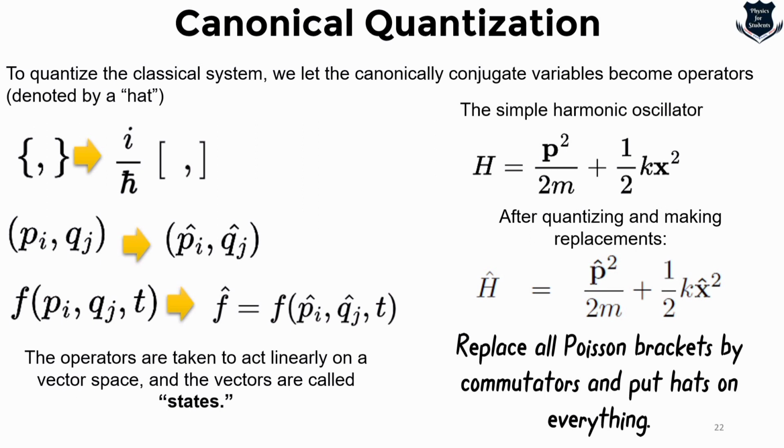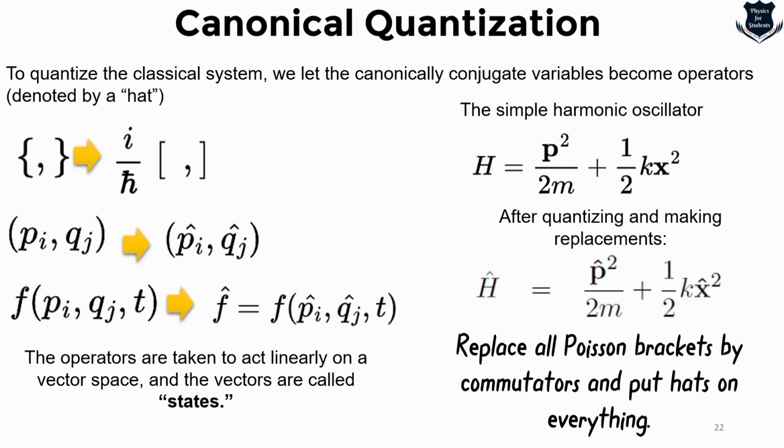Very simple rule. We take the operators, we replace all the Poisson brackets, and this operates in a very nice way. So this is a very quick and simple understanding of how classical observables are changed into operators, and how I am replacing all the Poisson brackets by commutators.